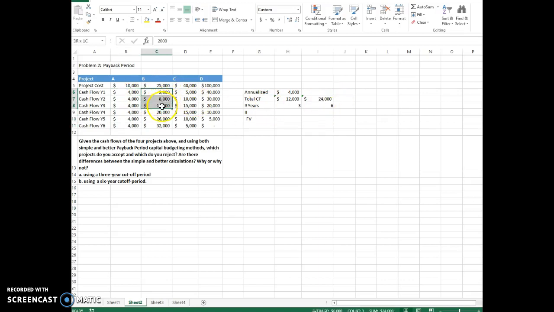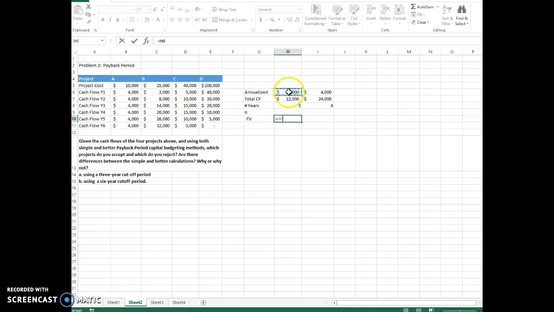In this case, it's going to be different, because there are different amounts of cash flows each year. So the annualized amount over the 3-year period will be an average, right? And so here we're looking at equals this divided by the number of years, 6, right? So we get 4,000. So our future value annually is $4,000.